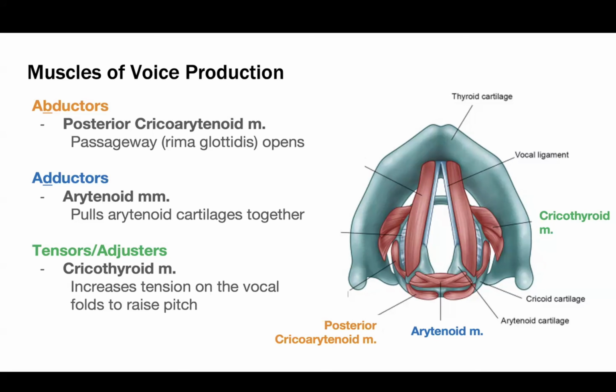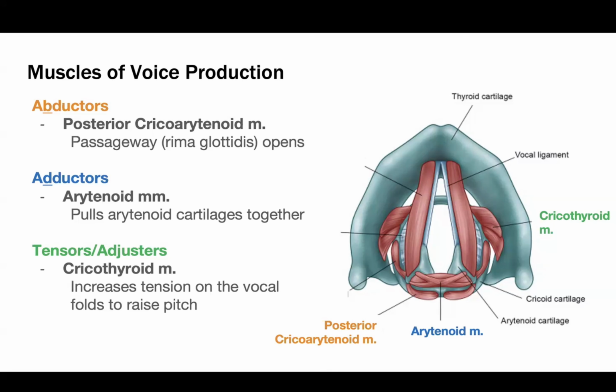The main abductor is the posterior cricoarytenoid. Now, damage to the actual muscle or the nerve that supplies this muscle is a big deal. Since this is the major abductor, damage to this muscle can leave the folds stuck in a closed position.